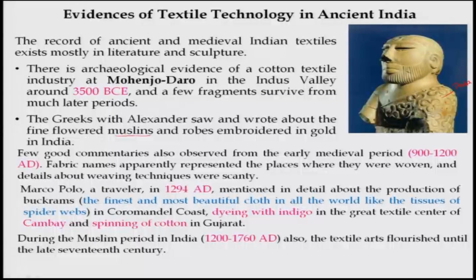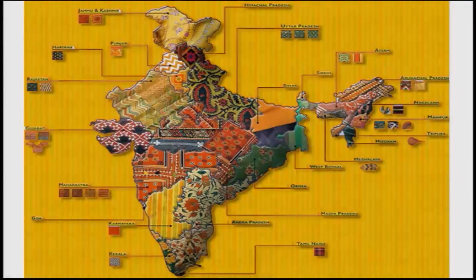If you look at this, I have shown you various kinds of textile, what I was mentioning to you. Just look at each region, let us say Kashmir, the Jammu Kashmir region, is having a different kind of fabric, whereas Punjab will be having its own.